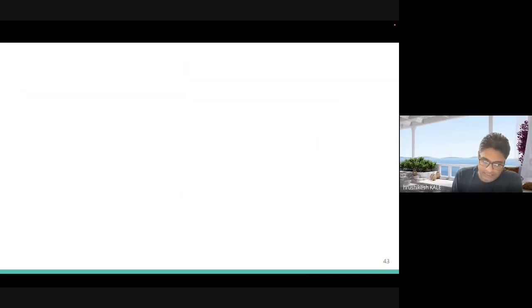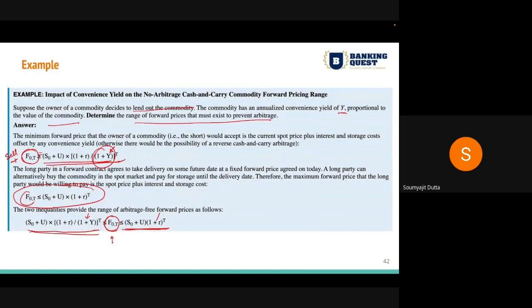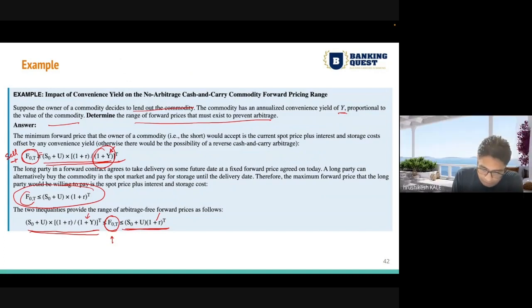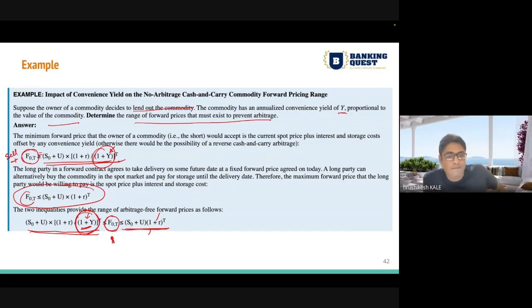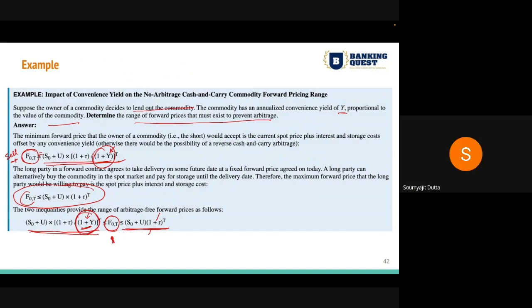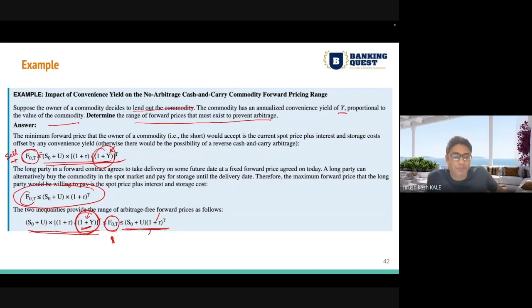That means F0 always lies between this range, so basically with convenience yield and without convenience yield. If F0 lies in this range, there will be no arbitrage. This is only for convenience yield, because not every investor gets convenience yield. That's the only difference.